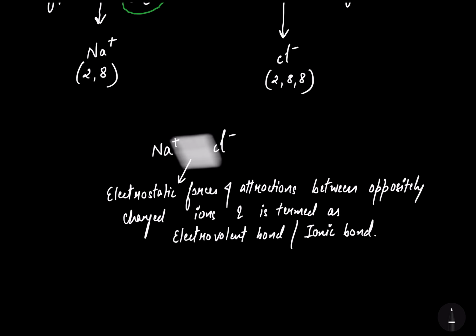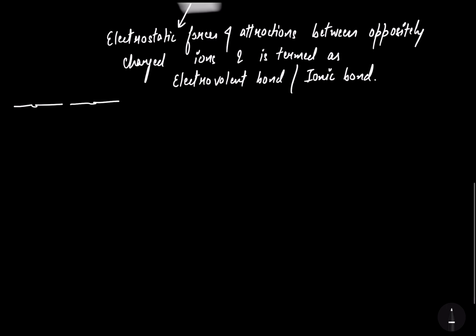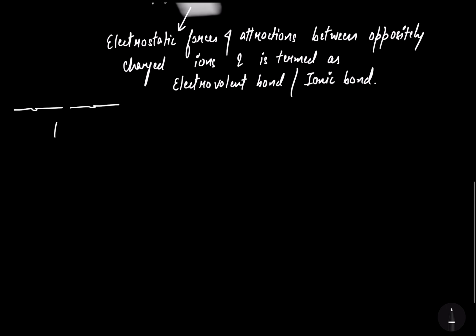Now what will happen? These are the electrostatic forces of attraction, which do not have any directional preferences. So actually what's going to happen, let me write that, I'm making an assumption that one mole of Na positive ions, how many are there in 1 mole?